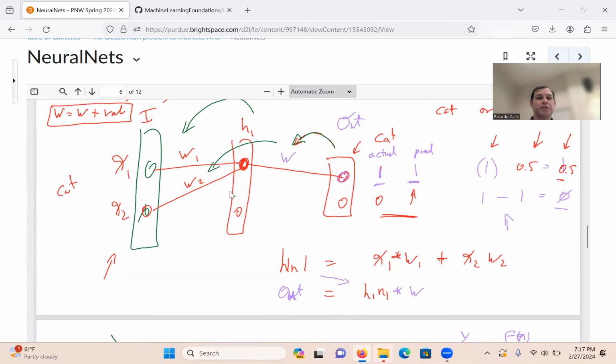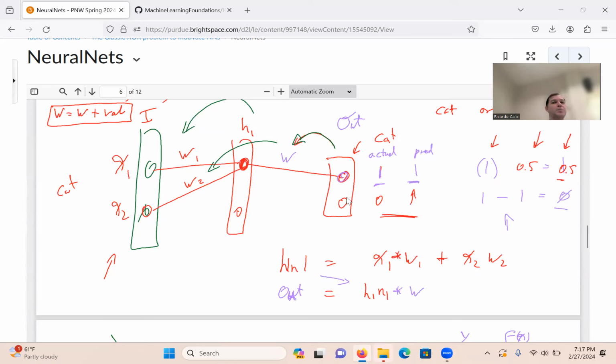So I have literally X1 times W1 plus X2 times W2. What are X1 and X2? Your two inputs. Say it's 80 degrees in here in February or something. Those are the two inputs.